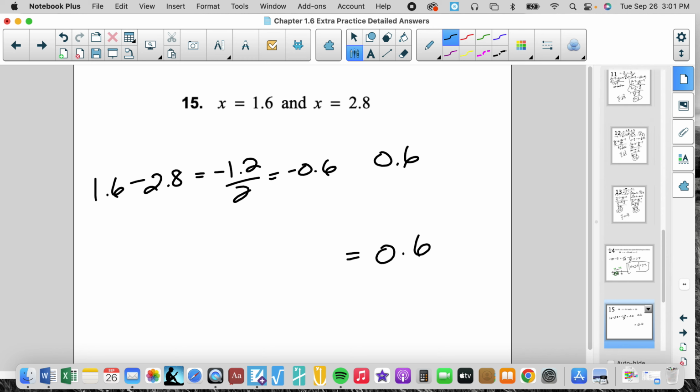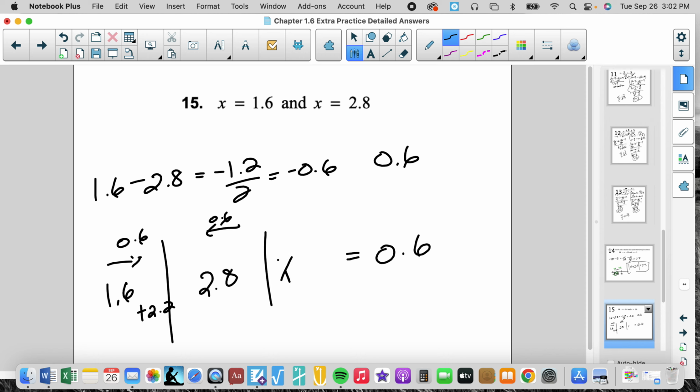That is the room for error. Now, if we look at 1.6 and 2.8, and we go in 0.6 and we go in 0.6, what would that be? Well, that would be 2.2, and this is a +2.2.